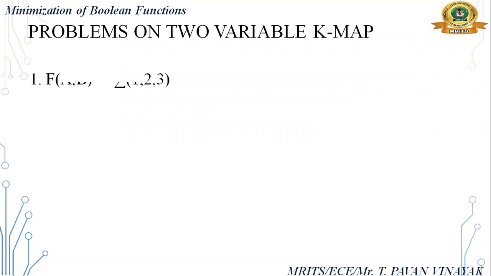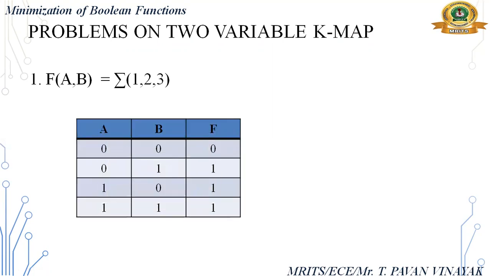First problem. I am given two variables a comma b with minterms 1, 2, 3. Okay. First draw the truth table a, b and f. So the minterms are available at 1, 2, 3. So place ones. Now draw the K map.